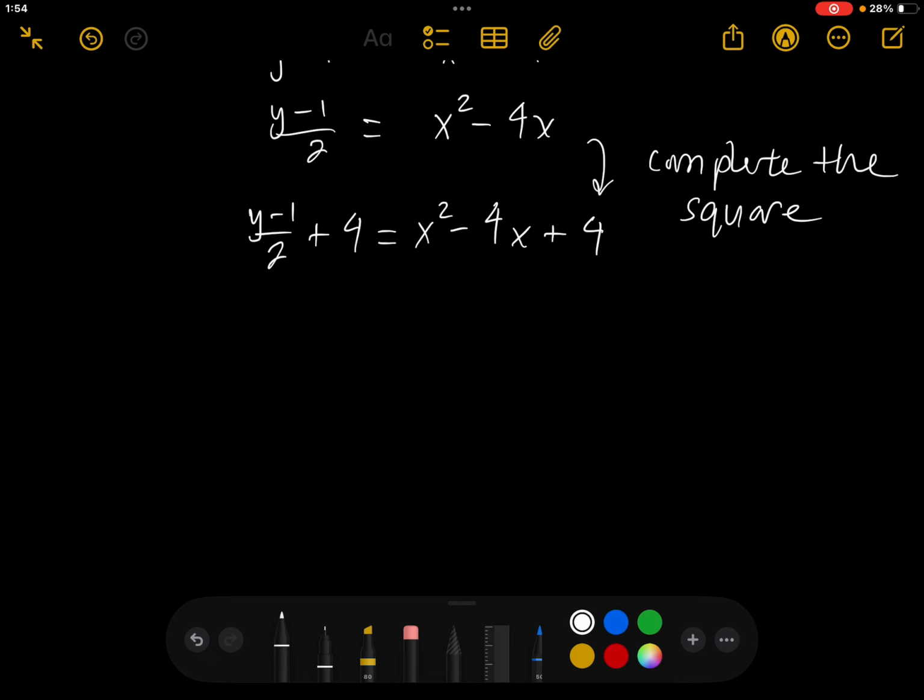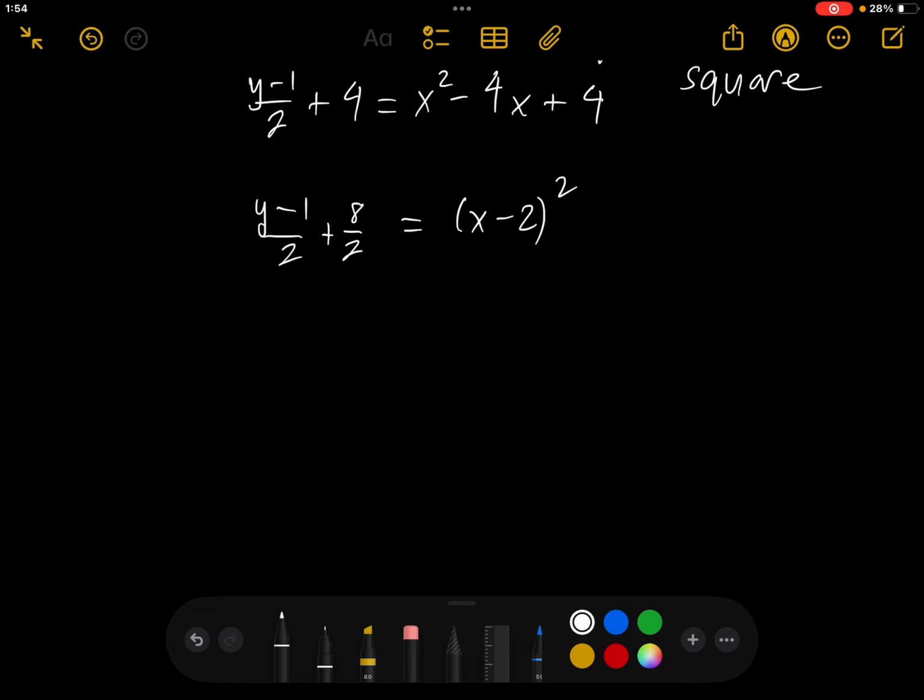Now we are ready to factor the right-hand side. So let's see, we could combine the fractions to get y minus 2 over 2 plus 8 over 2. So that's y plus 7 over 2. Okay, I'll just do it on the next step. So this is x minus 2 in parentheses squared.